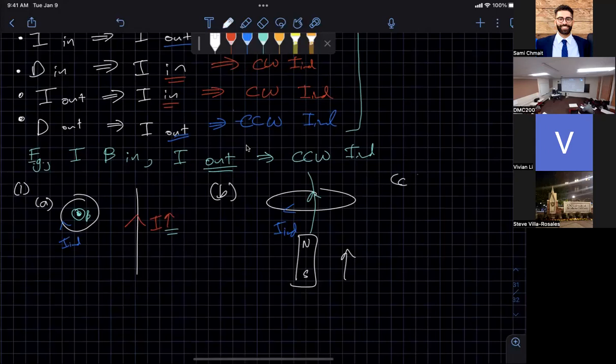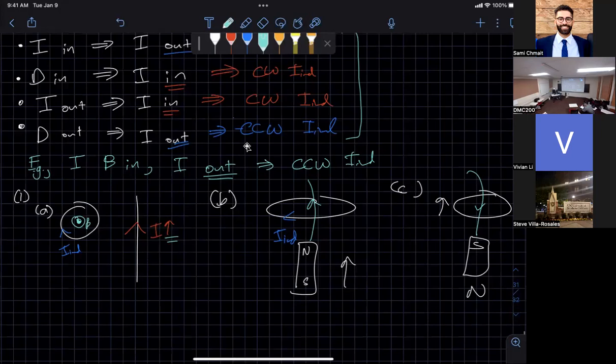C here is similar to what we just did, where we now have a loop moving away from this magnet. That means we have the field going this way, and we're moving it away. So we're going to have a decreasing amount going in. So we have to have an increased amount going in, again, clockwise induced current.